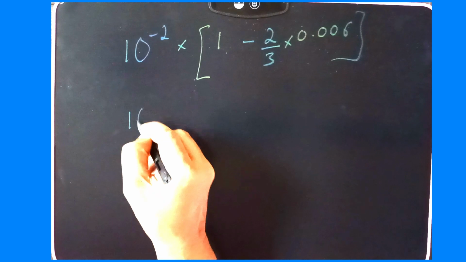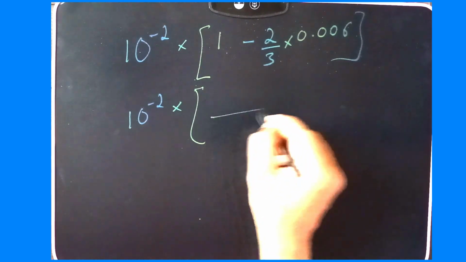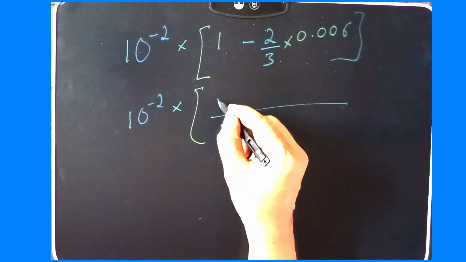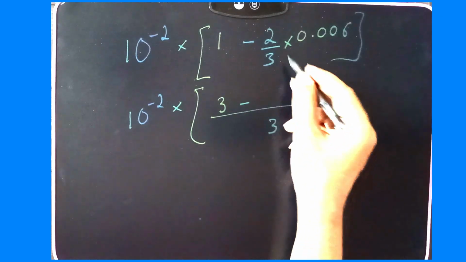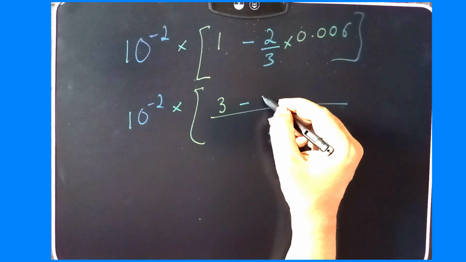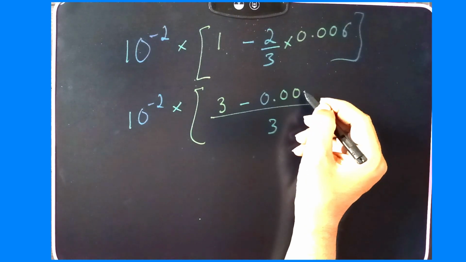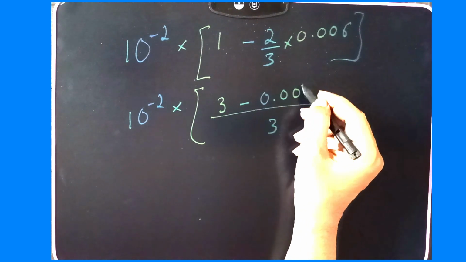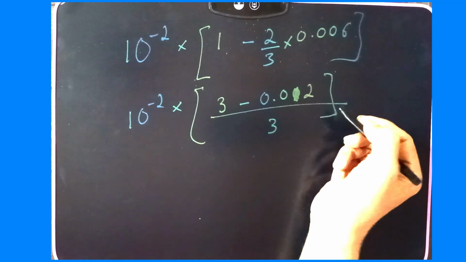So you will get the denominator as 3, and 2 into this number will be 0.012, so you'll get 0.012 divided by 3.